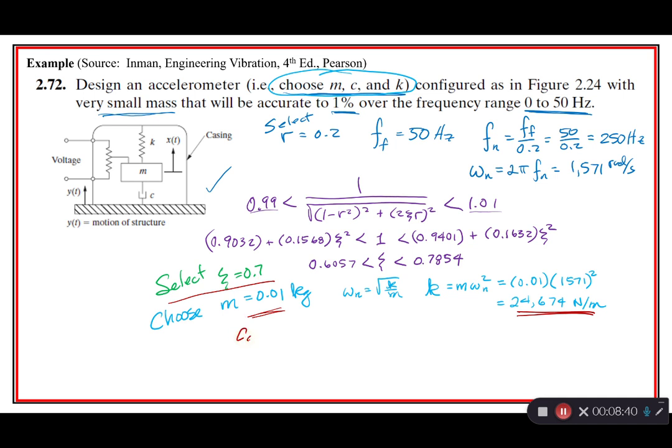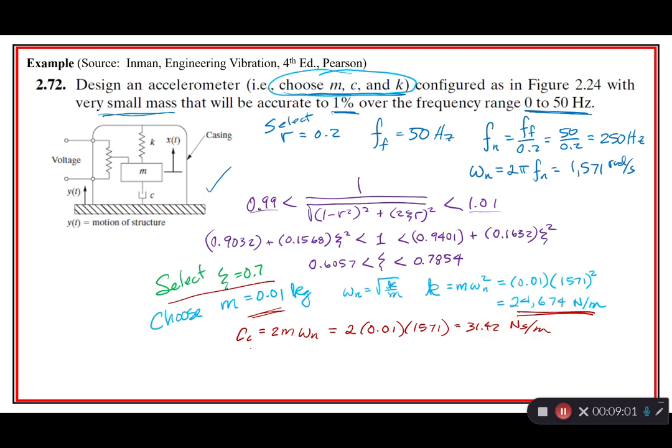So when we go for the Cc, we know that's 2m omega n. So we already calculated that to be 2.01, and then we had 1,571, and that came out to 31.42 newton seconds per meter.